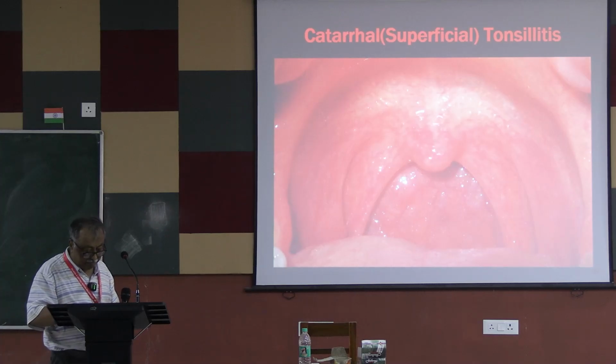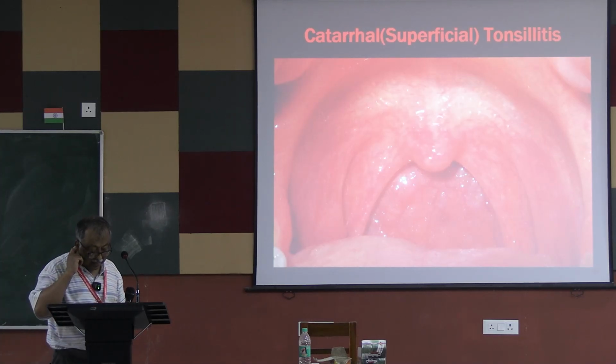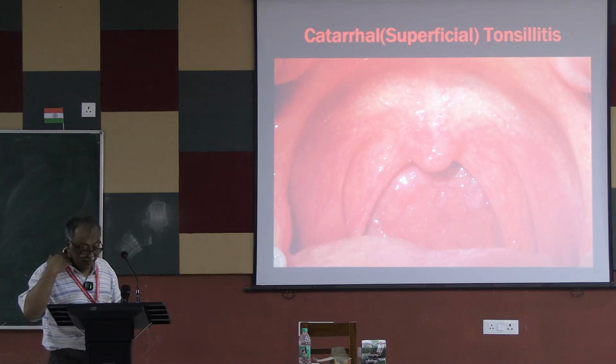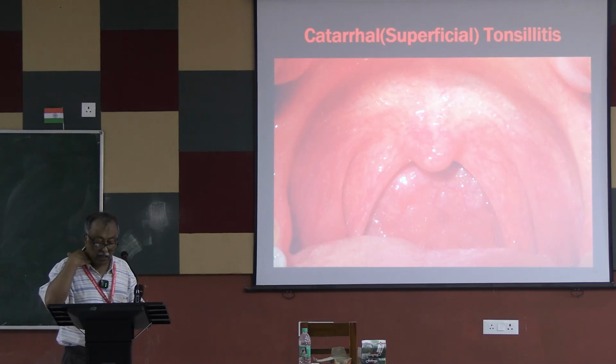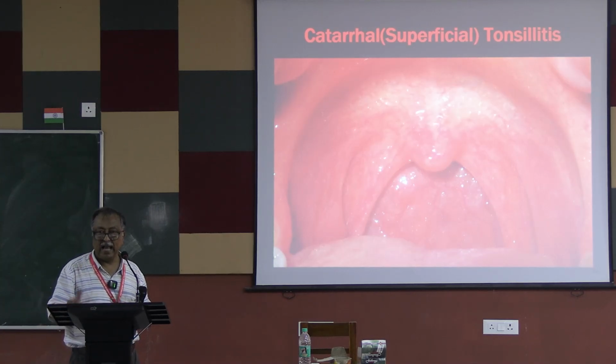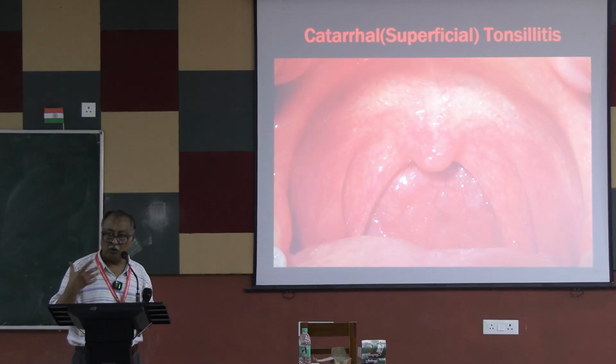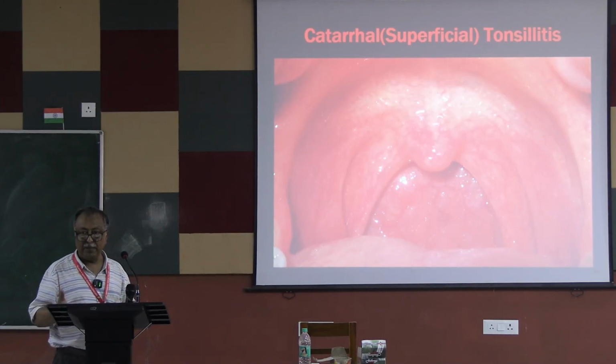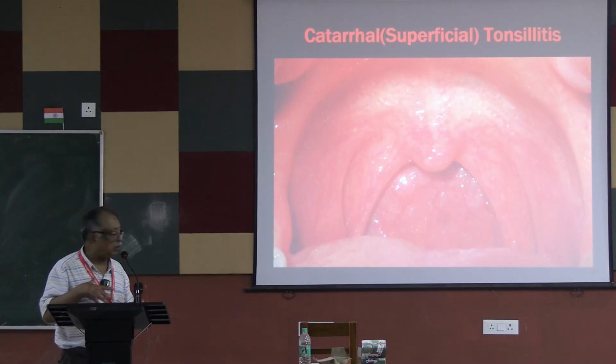pharyngitis. In case of adults, most of the cases this is an irritative condition. Irritative condition means, you have heard the names LPRD and GERD. That is laryngopharyngeal reflux disease. It is due to the pepsinogen which is refluxed from the stomach in case of LPRD, and there is a formation of the catarrhal or superficial tonsillitis or tonsillopharyngitis.